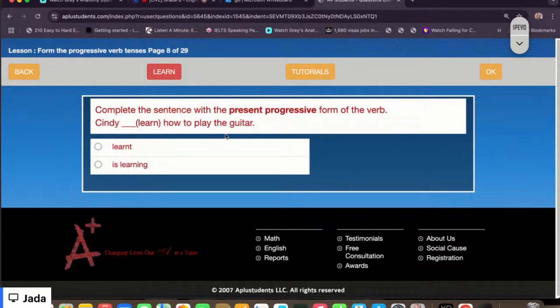Cindy learned how to play the guitar. Is learning or learned? Present progressive.